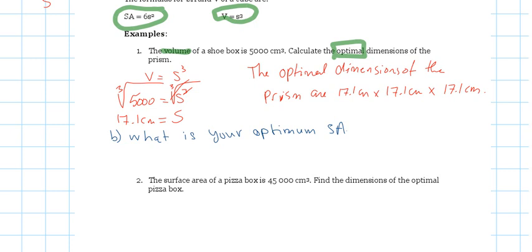Side by side, 17.1 squared. Remember the surface area is 6 times that, right? So you're going to have to use the formula surface area equals 6s squared. So that's going to be 6 times 17.1 squared.